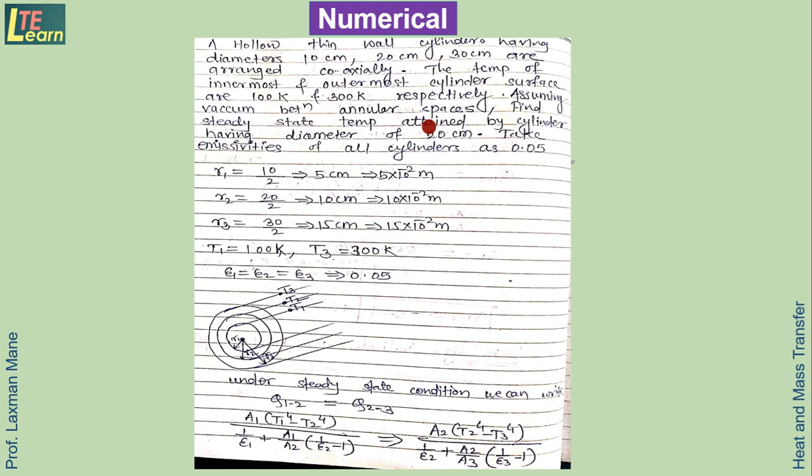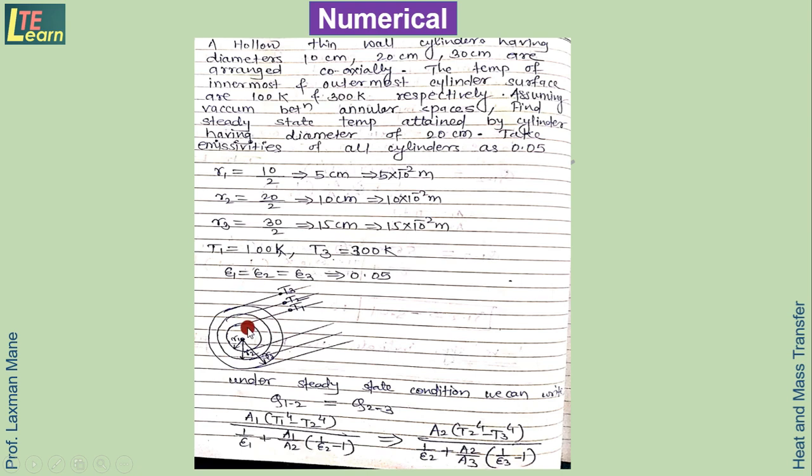Assuming vacuum between the annular spaces, find the steady state temperature attained by the cylinder having diameter of 20 cm. Take emissivities of all cylinders as 0.05.